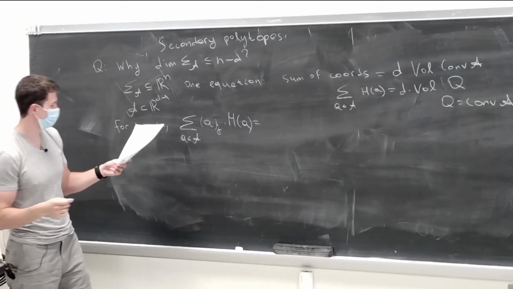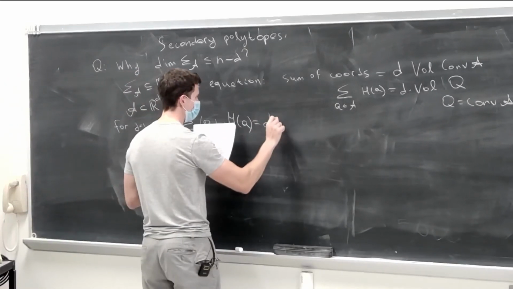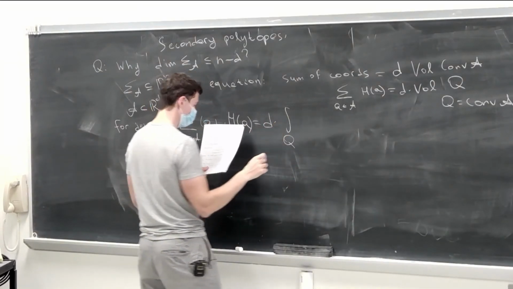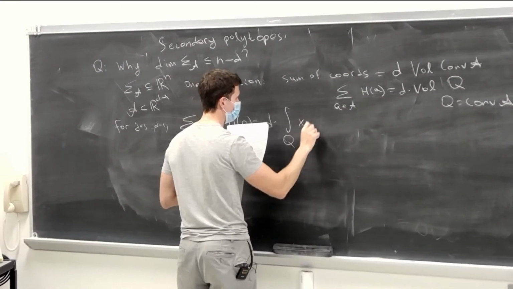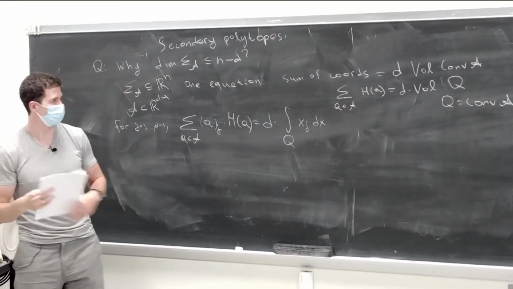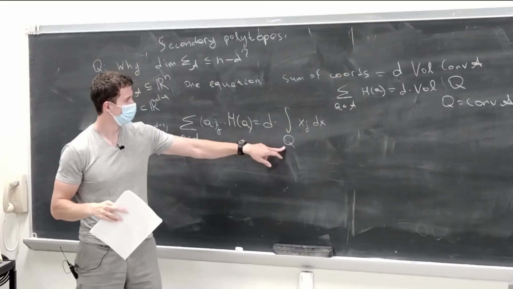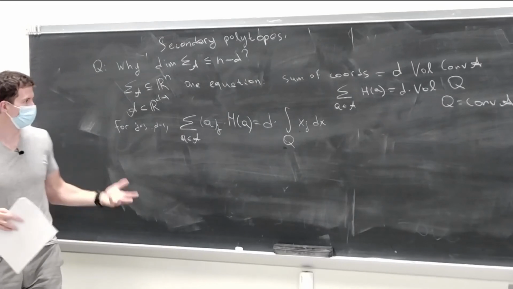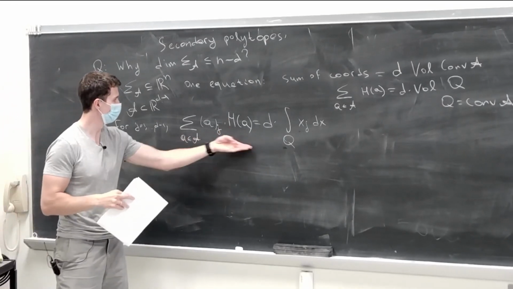And the constant is actually given by d times the integral over the convex hull of A of x_j dx. So you integrate the jth coordinate over your convex hull, and then that quantity is going to be constant. It's going to be given by this sort of formula.